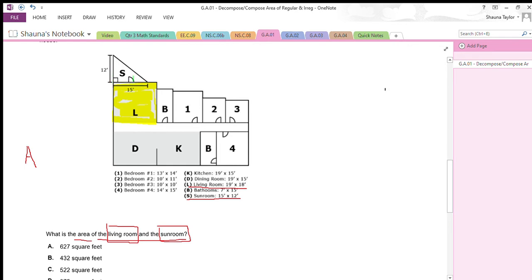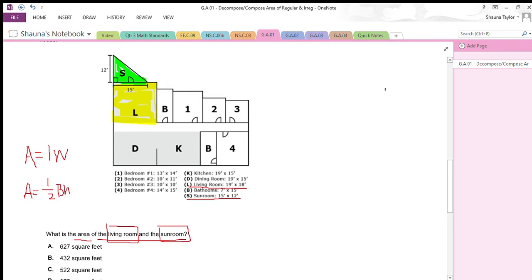This is a triangle. So we need these two. I know I'm going to need the formula for a rectangle or a square, which is length times width. And because this is a triangle, I'm also going to need the formula for a triangle, 1/2 base times height.